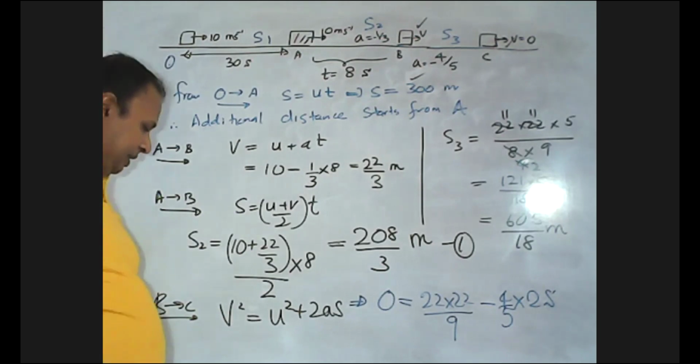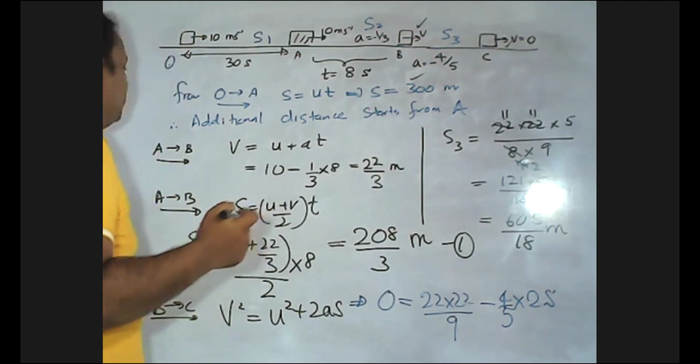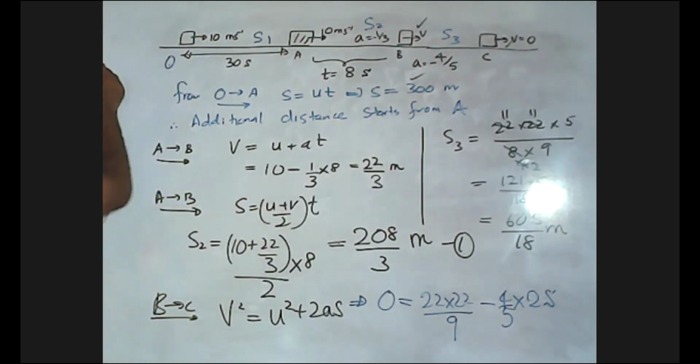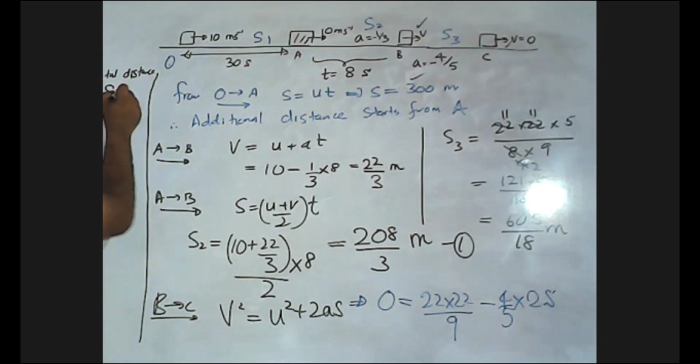Now you can add S2 and S3. Therefore, total distance is equal to S2 plus S3.